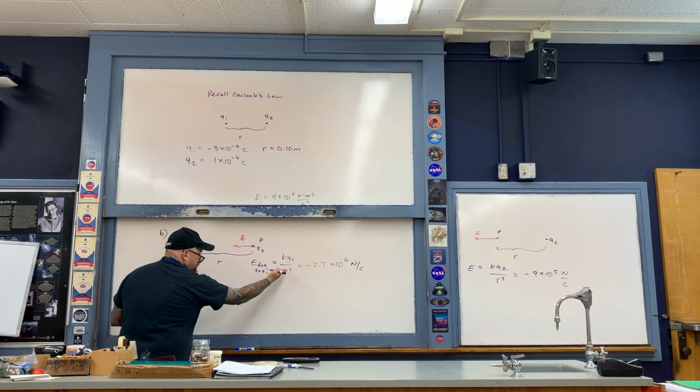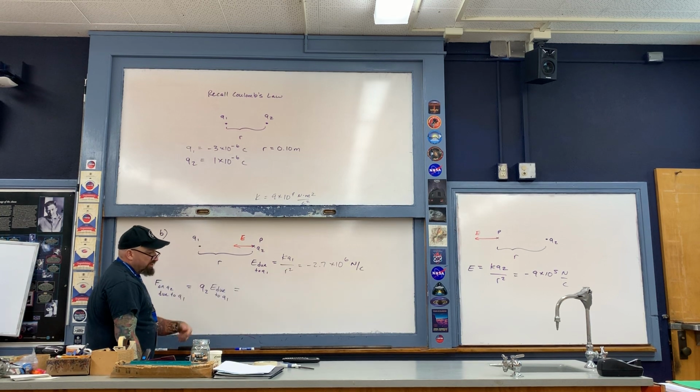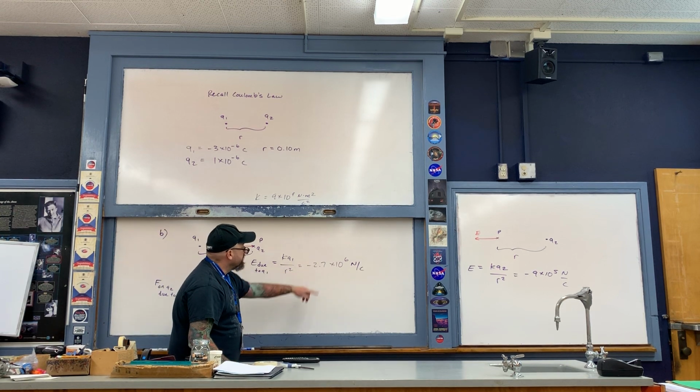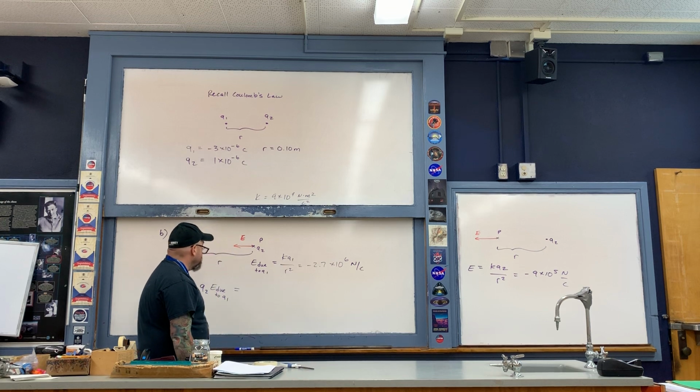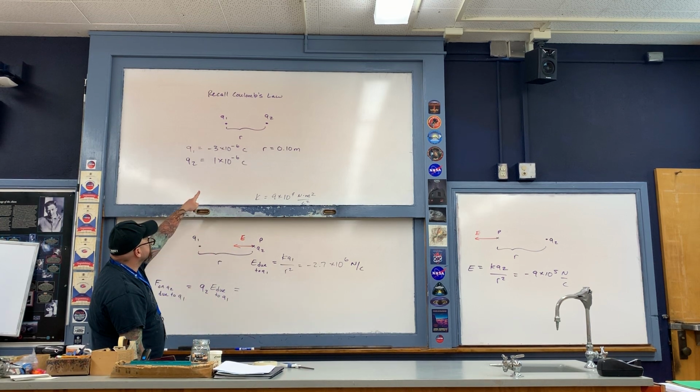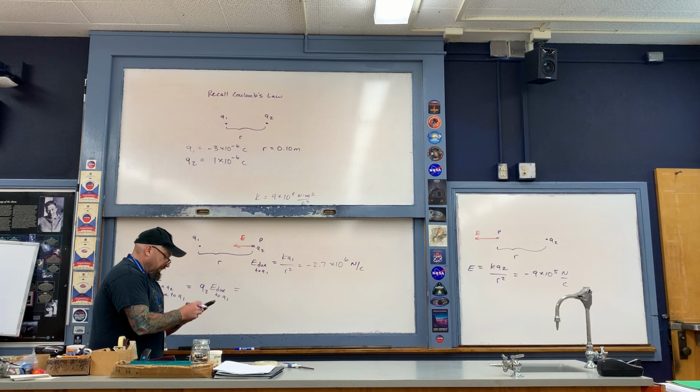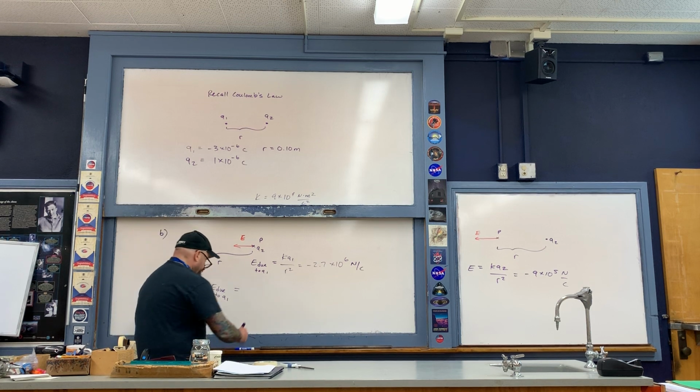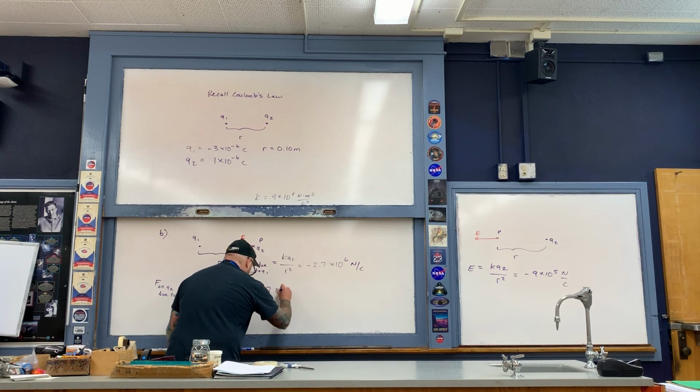So it's this quantity here multiplied by Q2. I'll just take my number here, negative 2.7 times 10 to the 6th, and multiply it by Q2, which was 1 times 10 to the minus 6. So negative 2.7 times 10 to the 6 multiplied by 1 times 10 to the minus 6, and this works out to be negative 2.7 newtons.